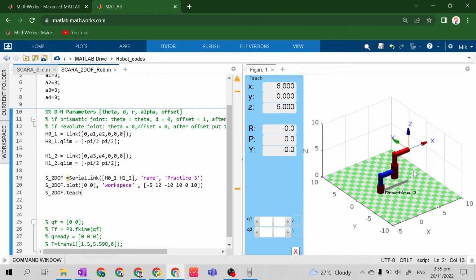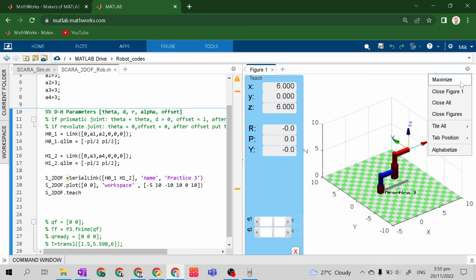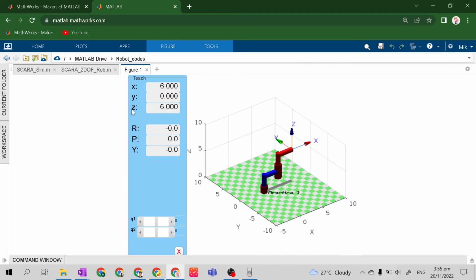Okay. So we can interpret here clearly the values of our joint variables by just sliding our slide switches into 90 degrees and negative 90 degrees. Okay.